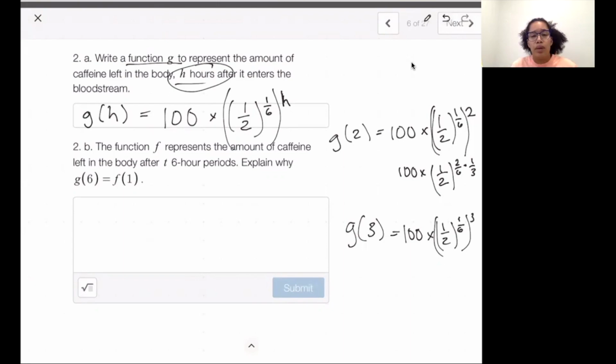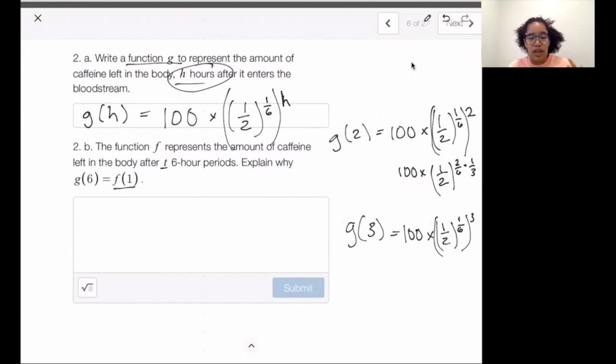Okay, so then we go to the next question, 2b. The function f represents the amount of caffeine left in the body after t 6-hour periods. Explain why g of 6 is equal to f of 1. So it's telling us the function f represents t 6-hour periods. So why does g of 6 equal f of 1? Well, what does f of 1 mean?